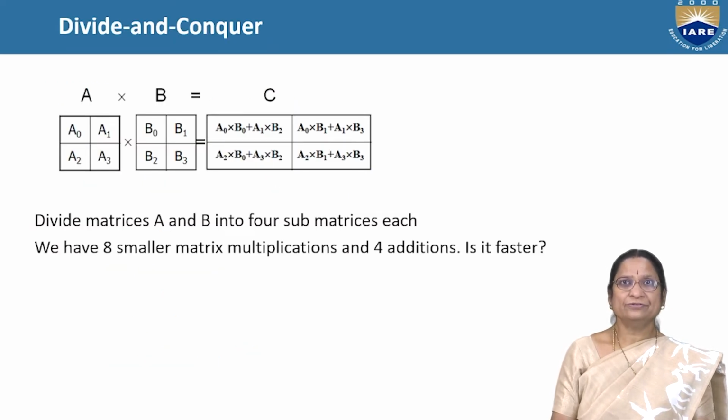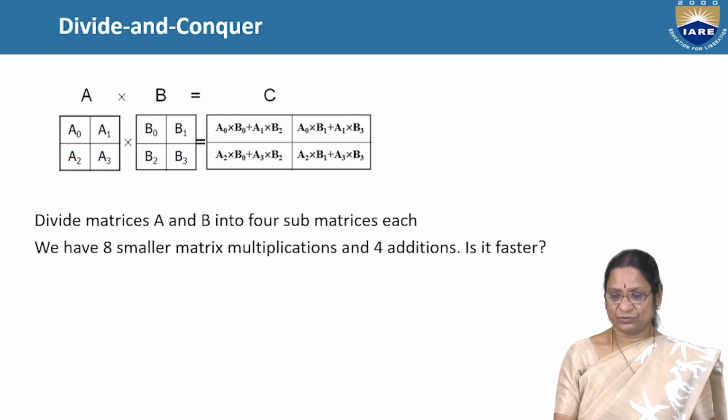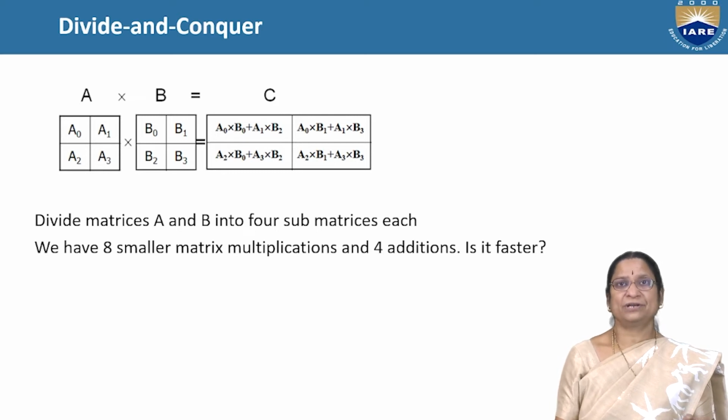So is there any possibility of reducing this complexity? The cubic complexity could be reduced to at least square, or to something between square and cube. That is going to be our task.